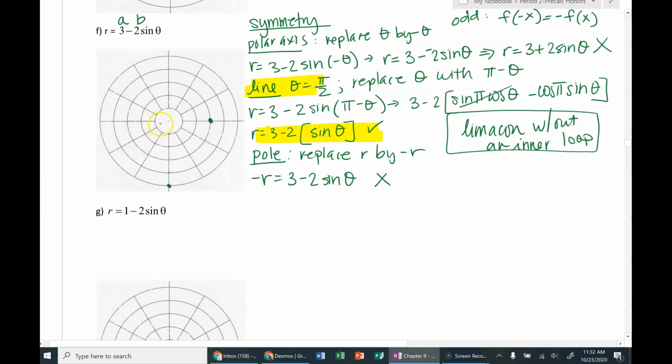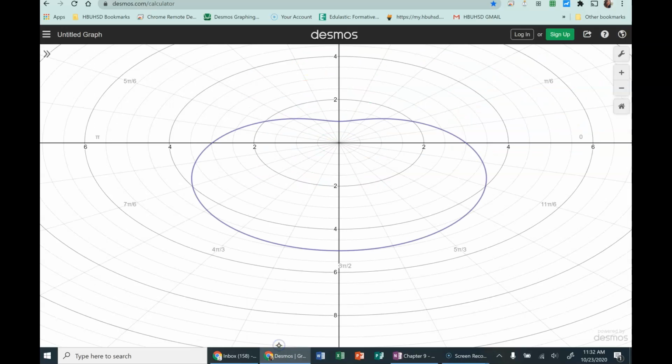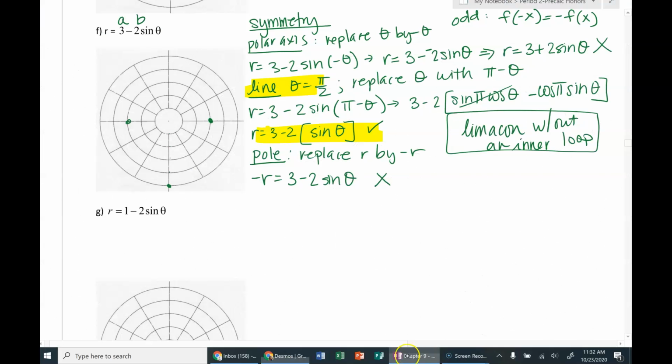And this is also 3, and I want to see what's pi over 2 comma, what was the radius for that one? 1. Okay, so pi over 2 comma 1. Okay, so the shape looks like it goes out a little bit, and then it loops back all the way here, just like that. That's some ugly limacon.